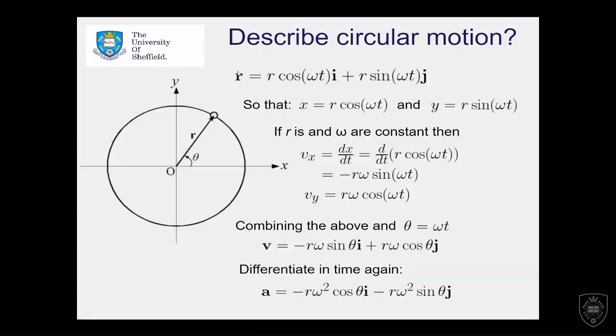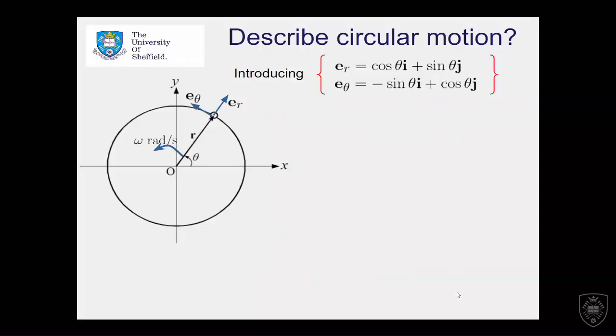So just by differentiating the whole vector, we get the vector of the velocity. And if we differentiate again, we get the acceleration vector. So it's very straightforward to differentiate the vector. i and j don't change, so you just differentiate these terms separately. In this case, we're looking at circular motion. r doesn't change in time, omega doesn't change. You get these nice simple formulas that are very easy to interpret.